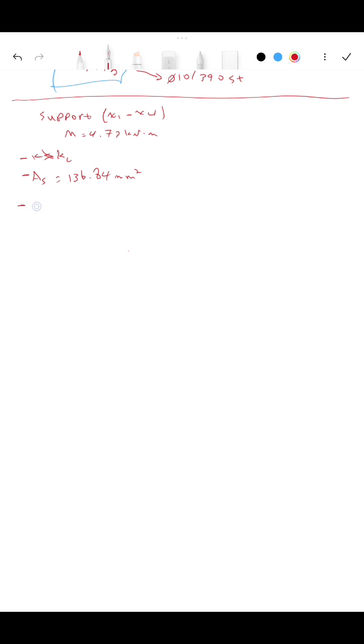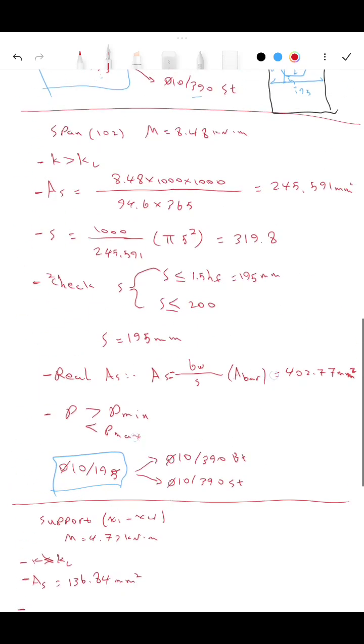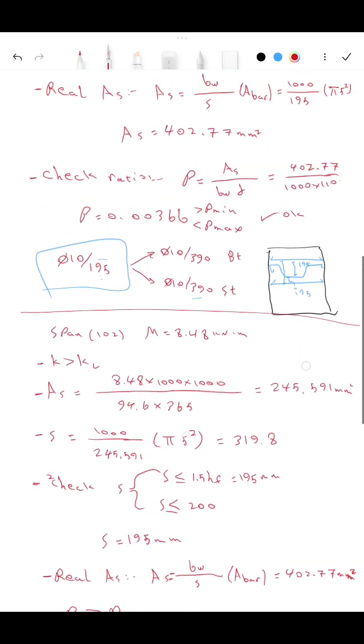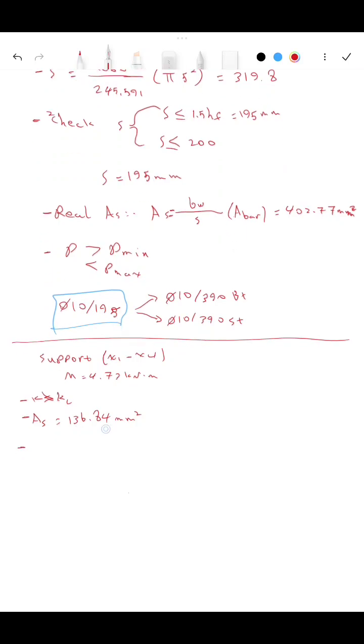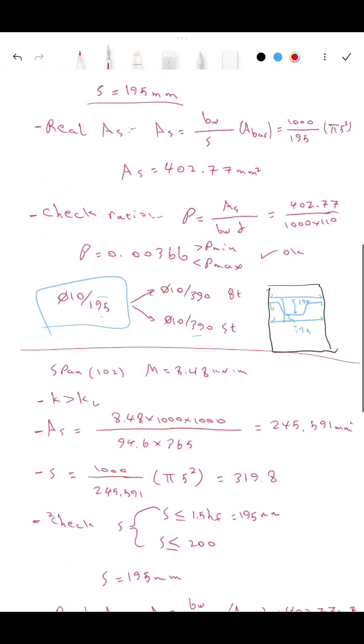Okay, after calculating the area of steel, there is one point to do here. The real area of steel will be different from this area of steel. Why? If you remember, I told you that these bent up bars are supporting the support. So instead of using all this area for the supports, we will decrease it by the bent up bars, because these bent up bars are working as supports.